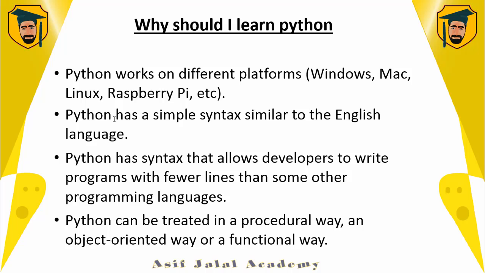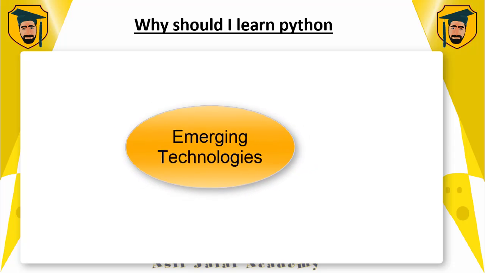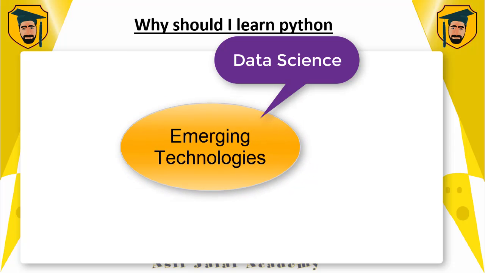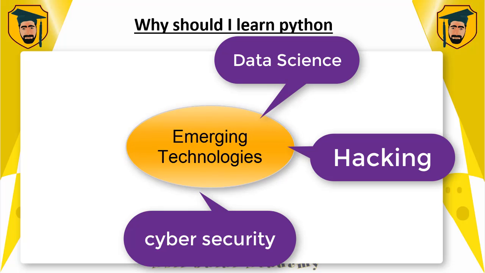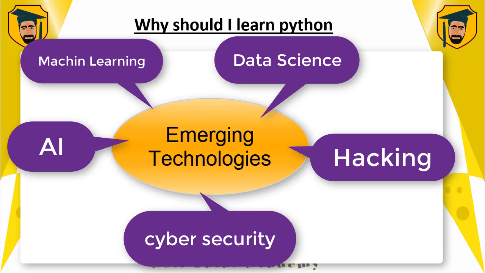Along with these points, there are also many other benefits, like Python works for emerging technology. Python is the only language whose applications are on the emerging paths, the emerging technologies. What are the emerging technologies? The technologies which are the future of your journey, like data science, ethical hacking, cyber security, artificial intelligence, machine learning, and deep learning.